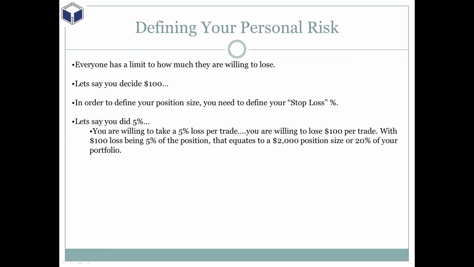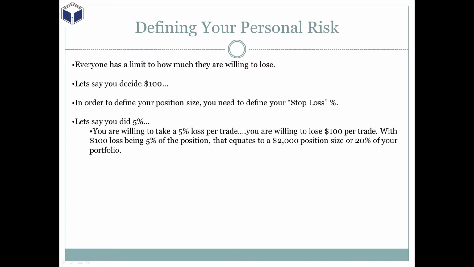Now we take that $100 and we use that to define our position size. In order to define our position size, you need to define your stop loss percentage. So when a trade goes against you, you will acquire an unrealized percent loss. But how much of that loss is a good amount of loss to accept?